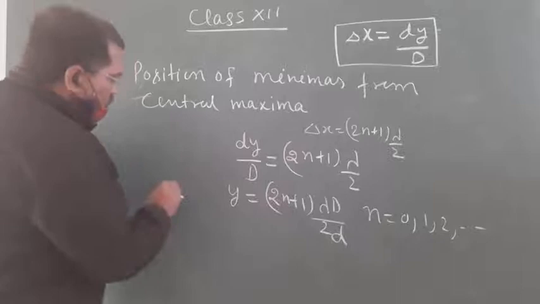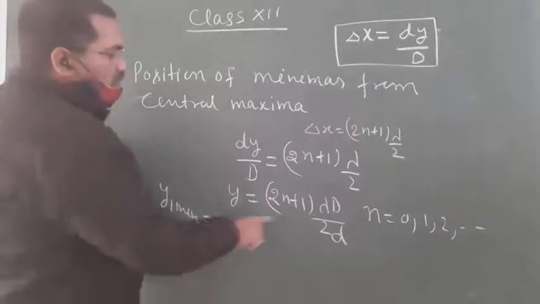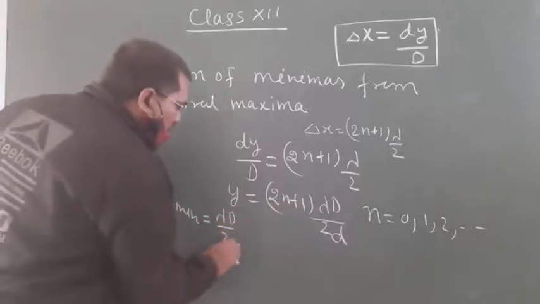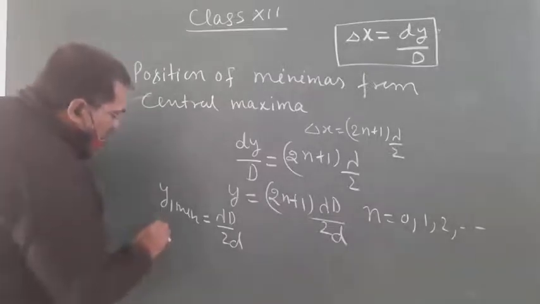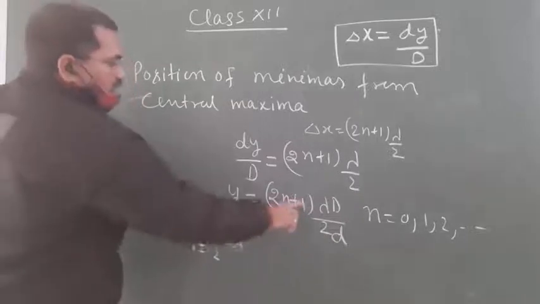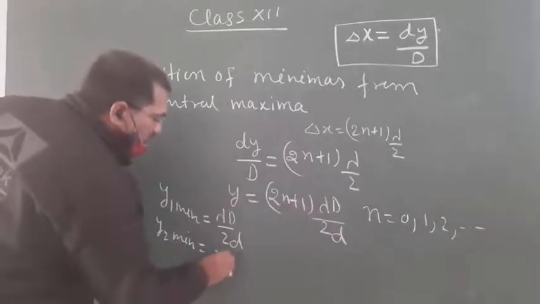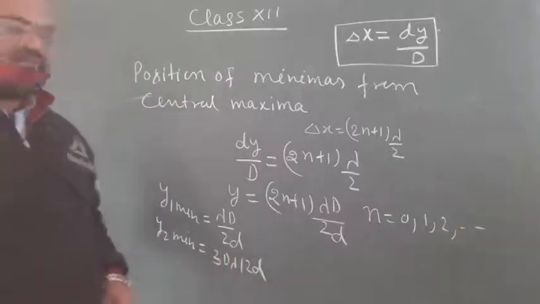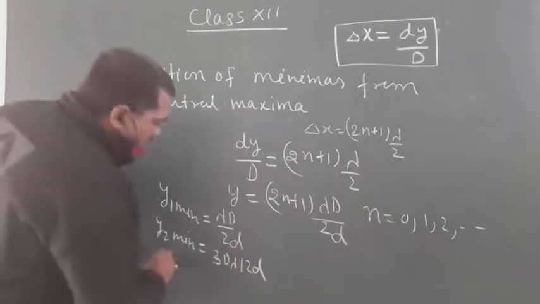So position of first minima, n equal to 0, is lambda D by 2d. Position of second minima, n equal to 1, is 3 lambda D by 2d, and so on.